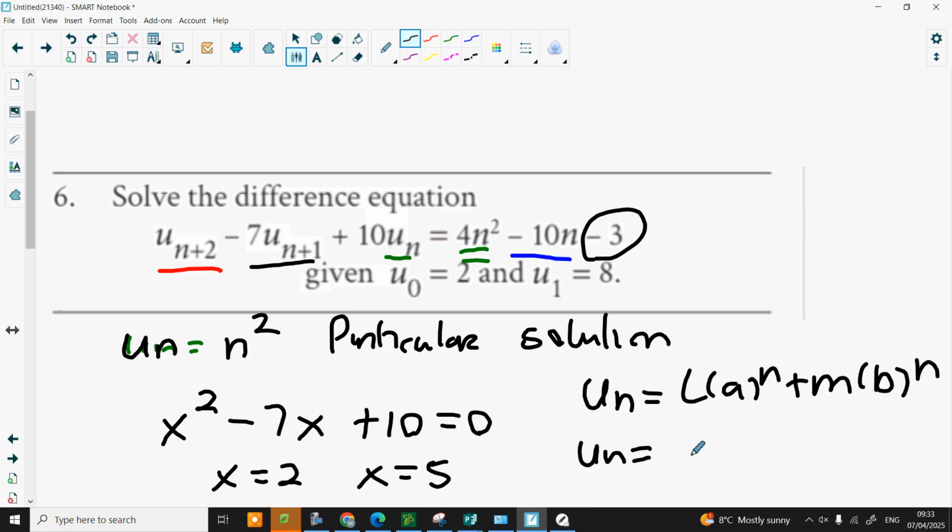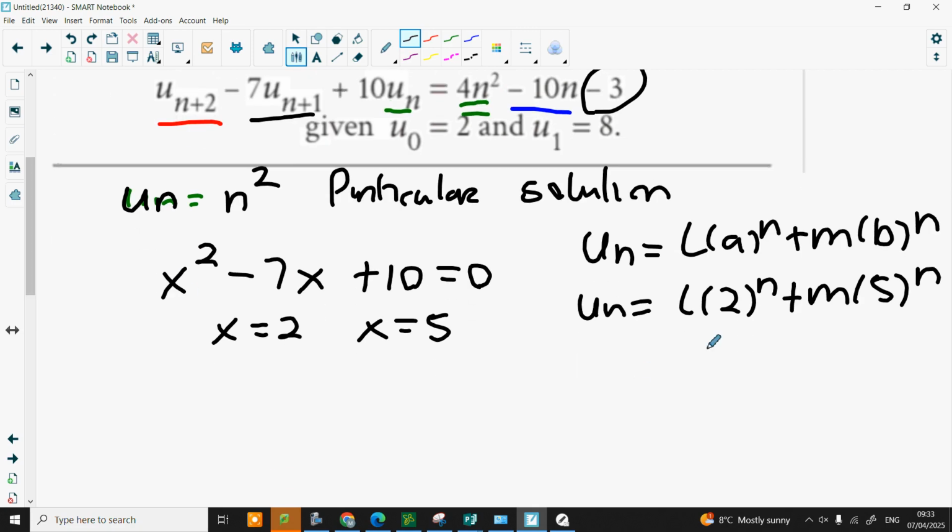So I'm going to do L 2 to the power of n plus M 5 to the power of n. Does it matter if you have it the other way around, if you have your L and M different? Doesn't, you'll get the same answer. So now we have the complementary solution.